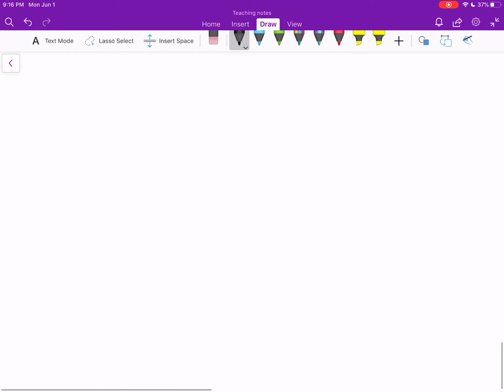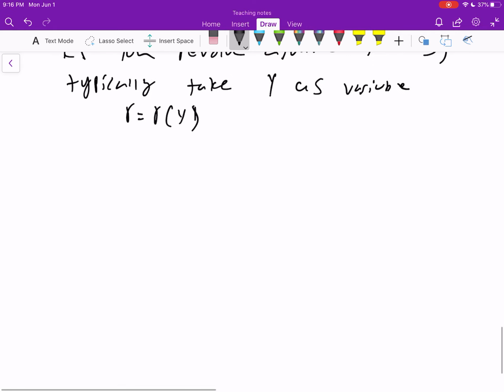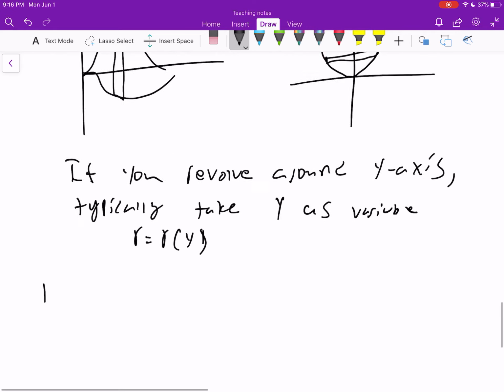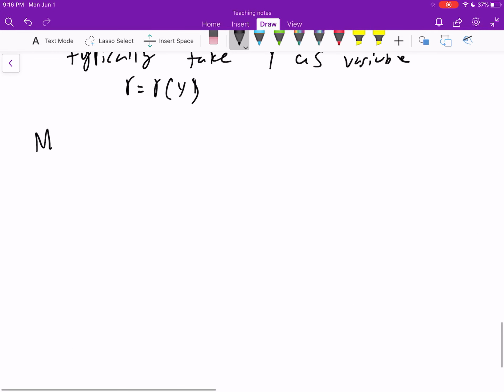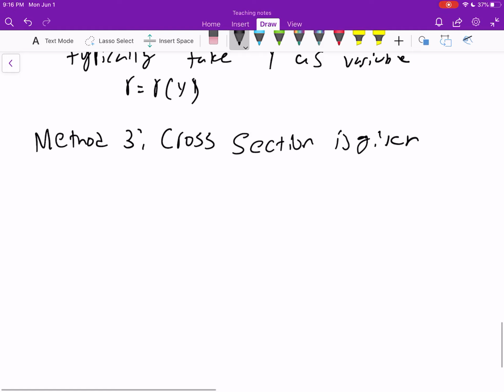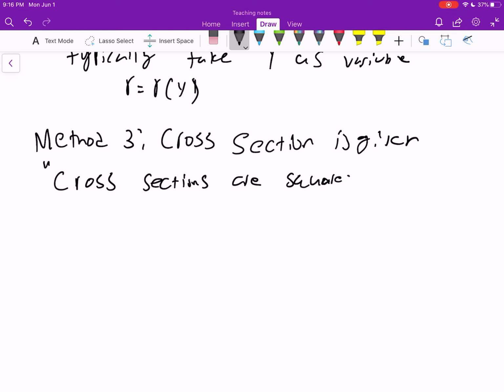And then the last thing we could do is, what have I written? What word am I using? Method 3. The cross section was given. So this can be something like they tell you the cross sections are squares, or the cross sections are triangles, things like that.